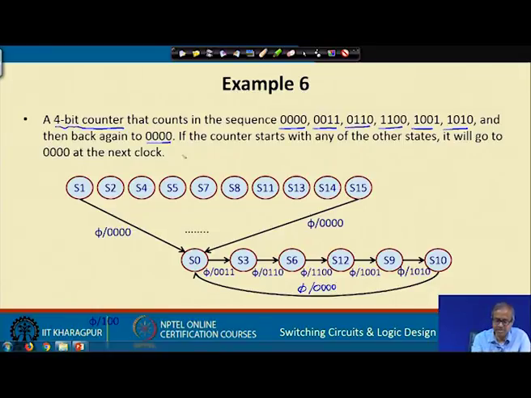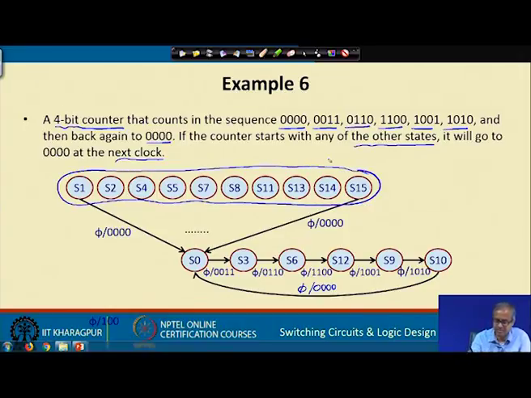It also mentions that if the counter starts, whenever you switch on the power, in any of the other states, at the next clock it should go to 0 0 0 0. So, if it is in any of the other 10 states, I have shown only 2, the rest are dots. There will be arrows from all of them, so you will be going to S0.